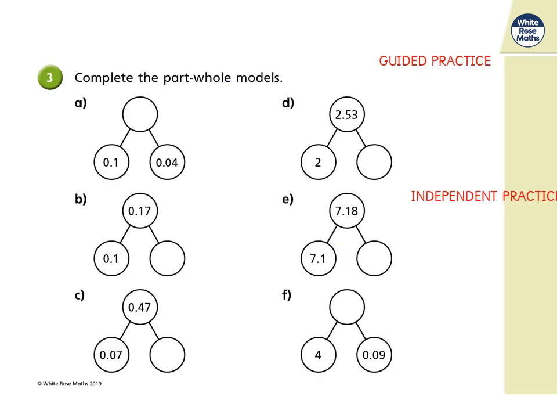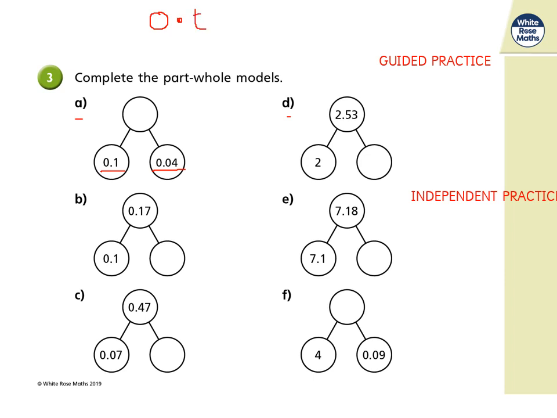Now, here I am going to model to you A and D, which are these that I'm highlighting now, and then you're going to complete B, C, E and F independently on your piece of paper. So you can see that we've got part whole models, and our job is to complete these part whole models. So here I have 0.1 and 0.04. Now if I have a place value grid, I'll have my ones, I'll have a decimal point, and can you think what comes after there?